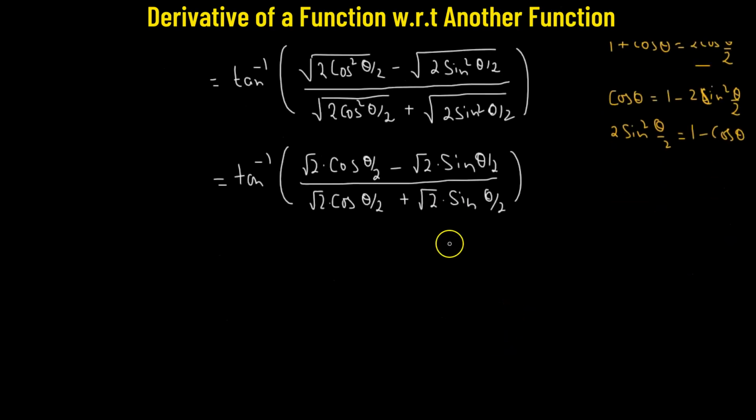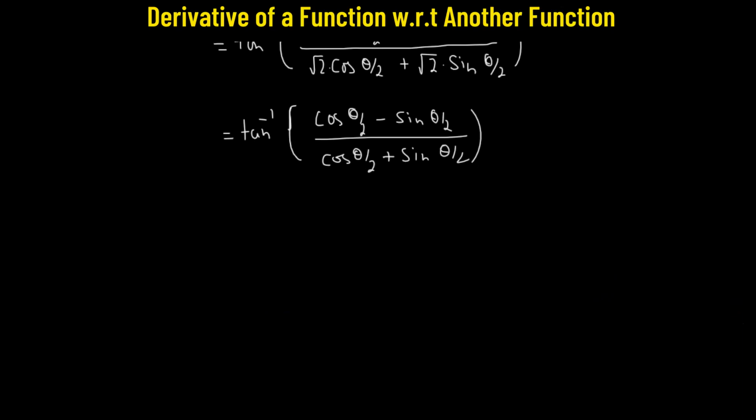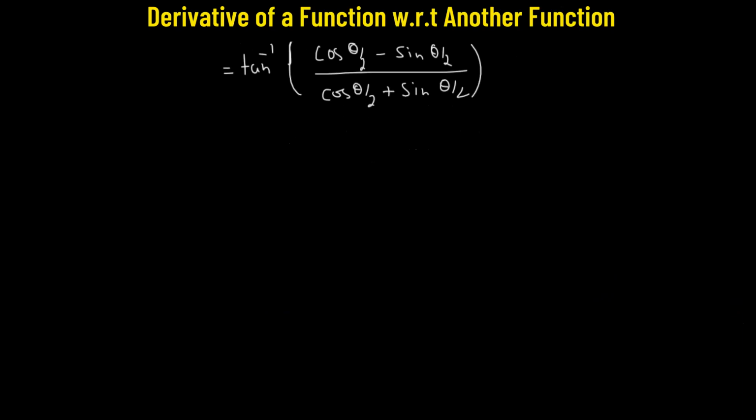Now we can take square root of 2 as a common factor, and this reduces to inverse tangent of cosine of theta over 2 minus sine theta over 2 divided by cosine of theta over 2 plus sine theta over 2. Now our task is to reduce this expression to a simpler function of theta. Here we'll divide both the numerator and the denominator by cosine of theta over 2.